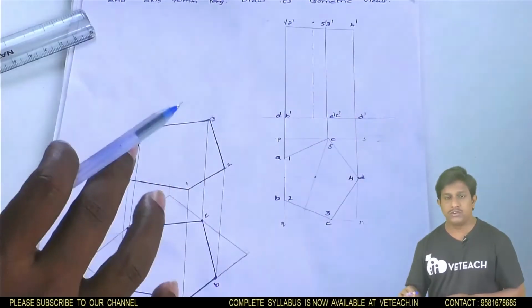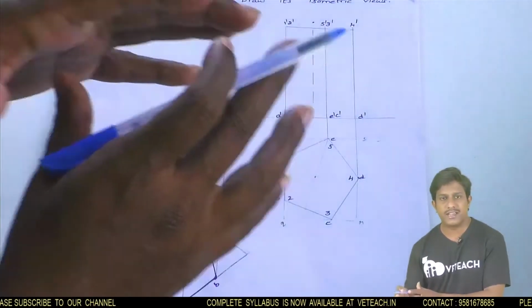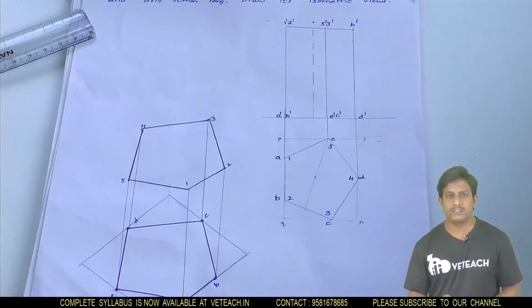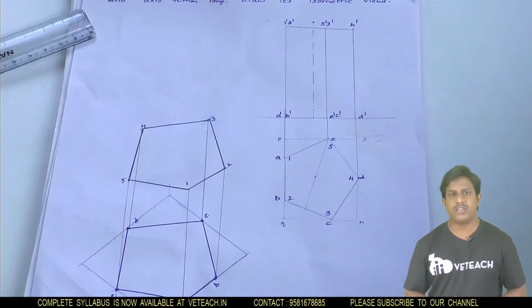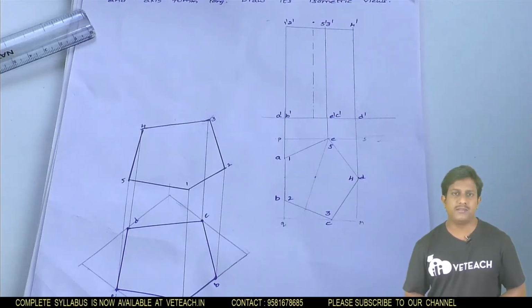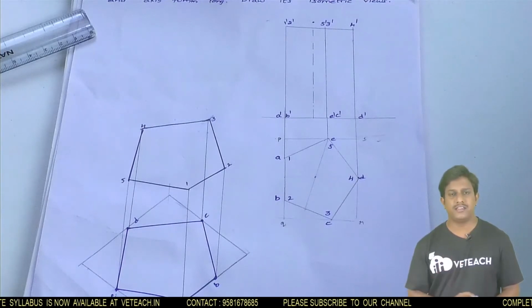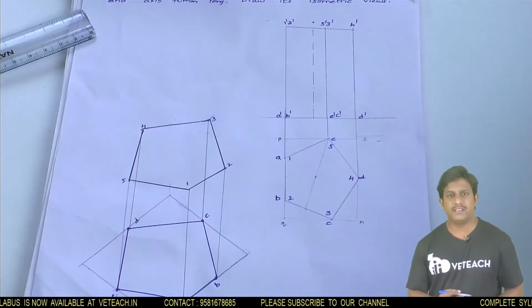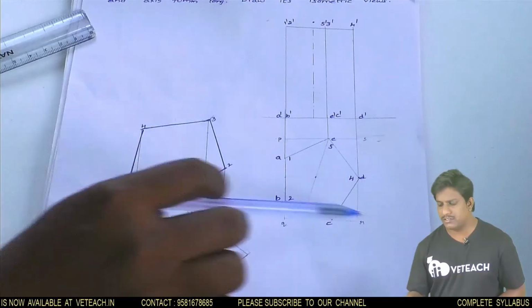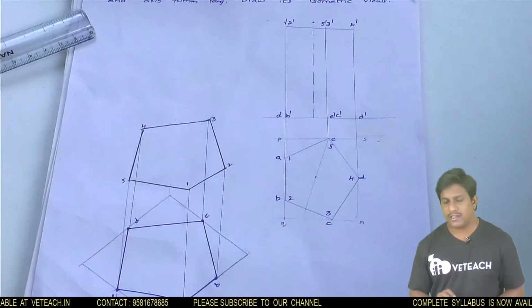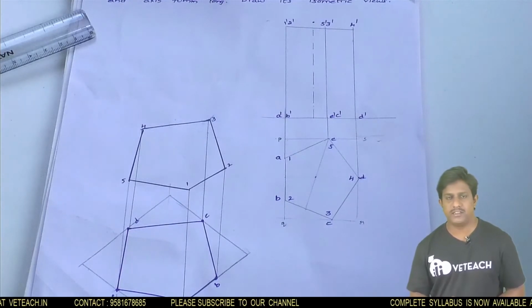Now I want to keep this rectangle as it is at a 30 degrees angle. Why? Because if we want to draw an isometric 3-dimensional object, we need to keep an angle of 30 degrees. Keeping an angle of 30 degrees, I want to project this total rectangle at a 30 degrees angle. Then I can project the pentagon very easily.